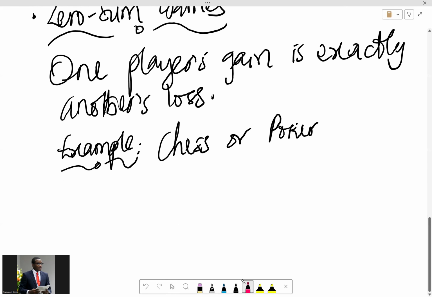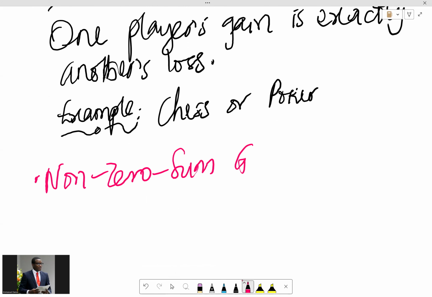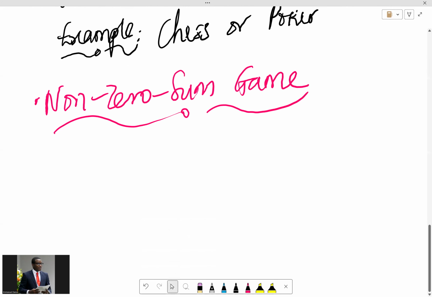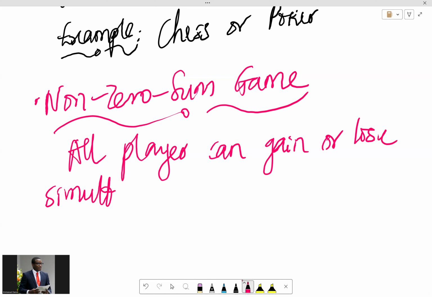Let's talk about a non-zero sum game. Here, all players can gain or lose simultaneously.